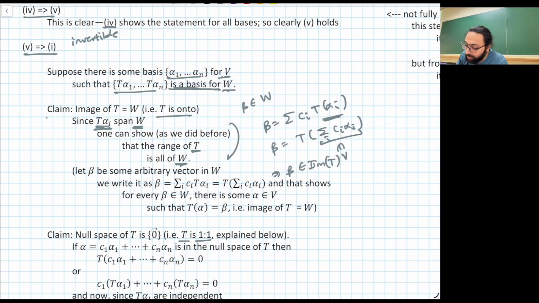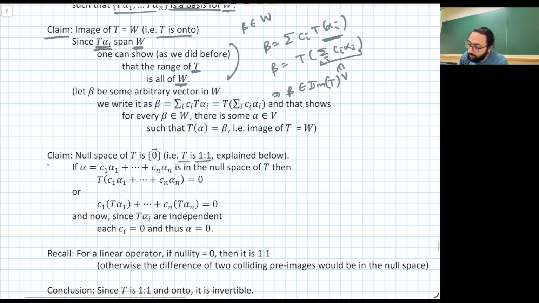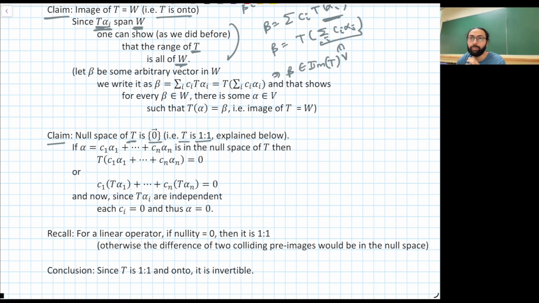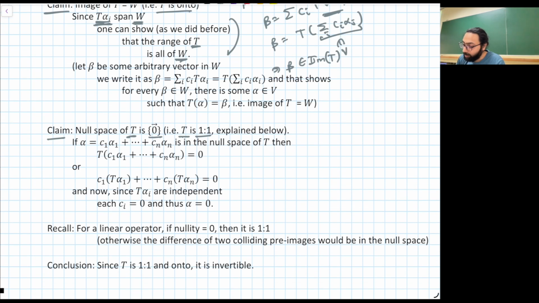Okay, so this shows that it is onto. Now we have to prove that the null space of T is just the zero vector, which has zero dimension, like we just saw. That would mean that T is 1-to-1, because you can apply the rank-nullity theorem. Now if alpha, written as a linear combination, happens to be in the null space of T, then when you apply the transformation you get 0, which means some linear combination is 0.